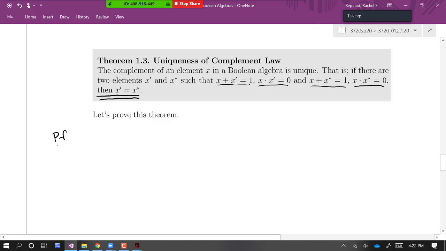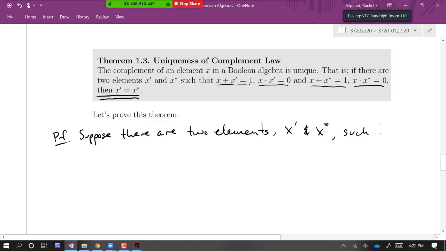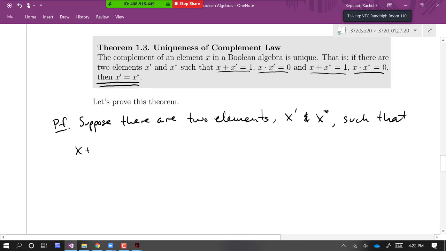So let's start. Let's suppose there are two elements, x prime and x star, such that we have a couple pairs of equations. x plus x prime is 1 and x times x prime is 0, and I also get the same thing to hold for x star. x plus x star is 1 and x times x star is 0.